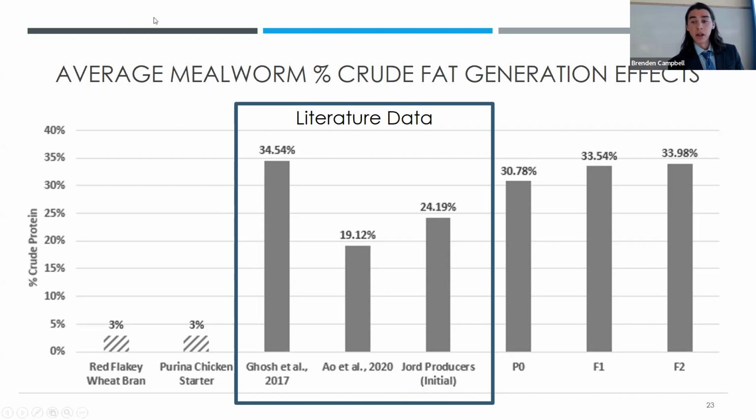And then we have our 3 generations of the P0, F1, and F2, where again, there was statistical significance in generation, not in treatment. And with each generation, the percent crude fat increased.